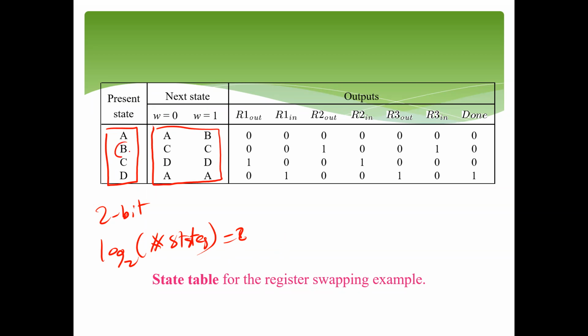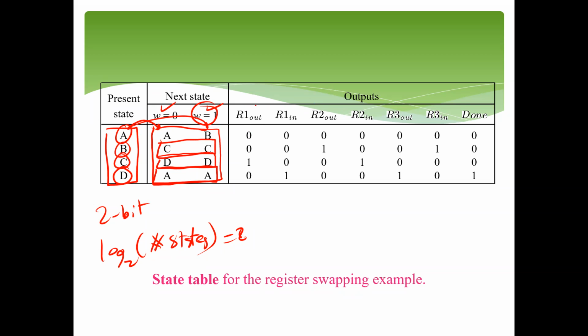And note, once you are at state B, you will go to C regardless of the value of W equals 0 or W equal 1. Same for state C, you go directly to D. And if you are at state D, you go directly to A, regardless of the value of W. Only at state A, you're going to stay at A if there is no transfer requested. You're going to go to B if there is a transfer requested.